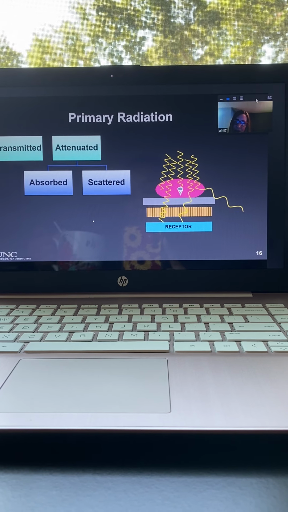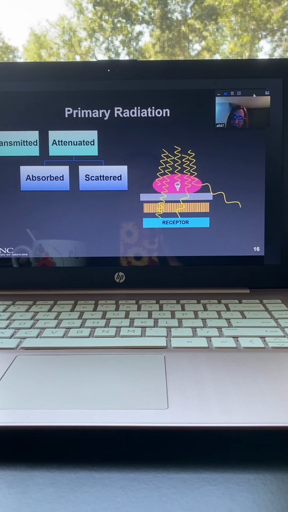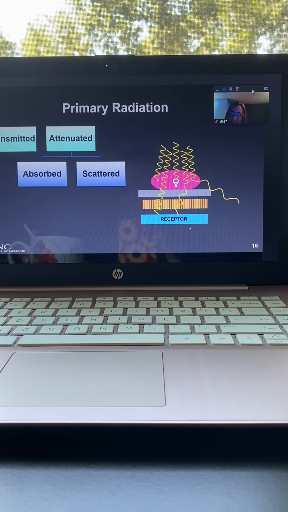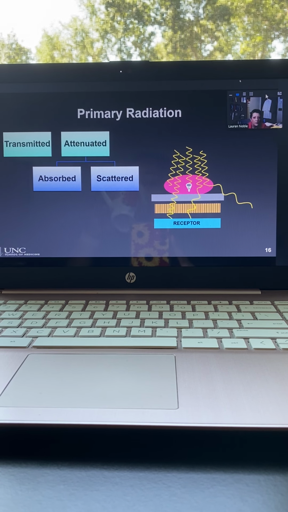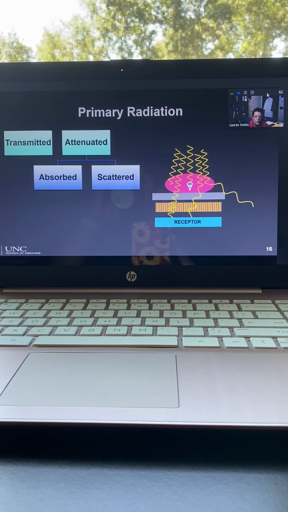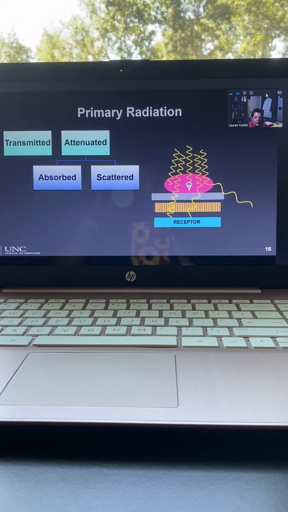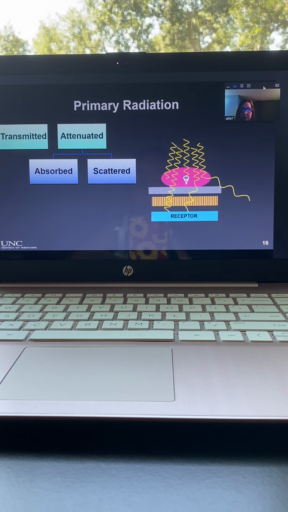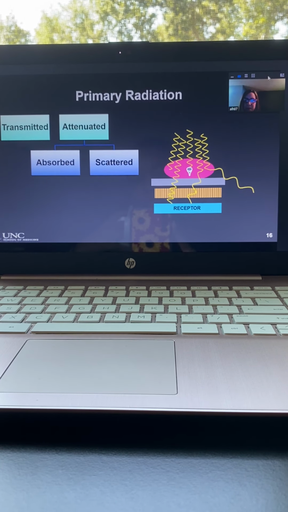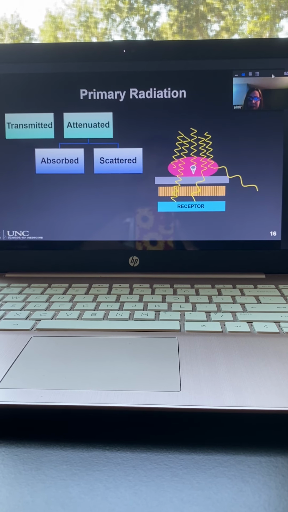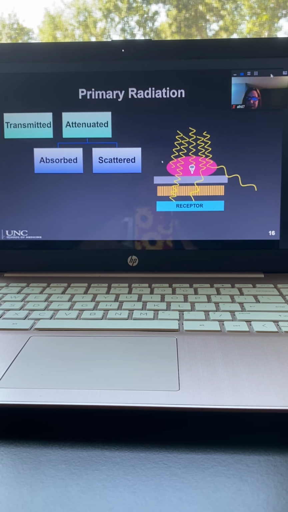I'm just trying to picture the scatter otherwise, maybe. I'm not quite following what you're asking about the scatter. It seems like the scatter is only after it interacts within the patient, correct? Or not the case?